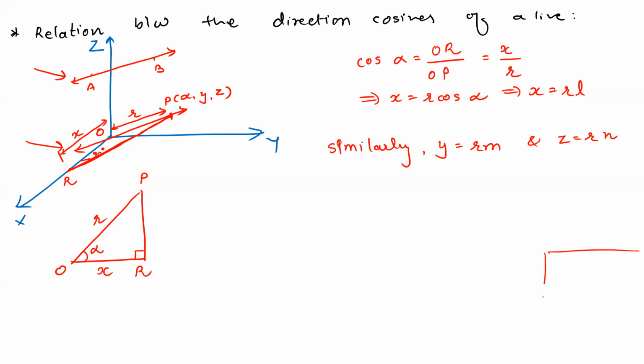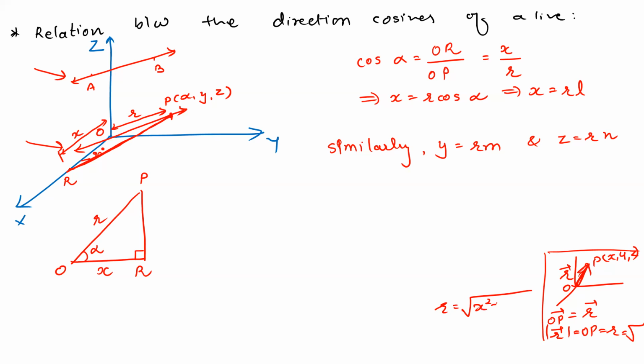Roughly, I would like to tell you, suppose you have a vector R, OP, okay? So we used to say it is OP is R, so magnitude of R, that is OP, or we used to say R also, that is under root of, suppose P coordinates are X, Y, and Z, then R is under root of X square plus Y square plus Z square, which is magnitude of vector OP.